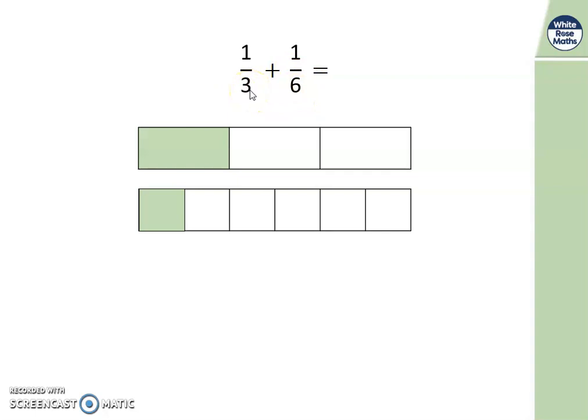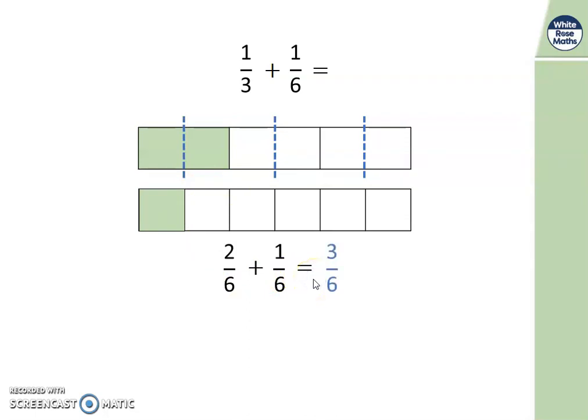What would I do to 3 to make it into 6? Times it by 2. Do the same to your numerator, times it by 2, and it should be 2. Let's check. You can see here when I've split this into 6 that 2 of them are shaded. So that's 2/6. Add the 1/6 we had already.